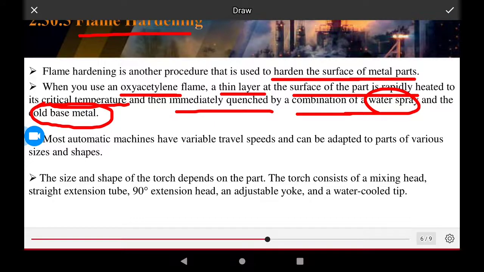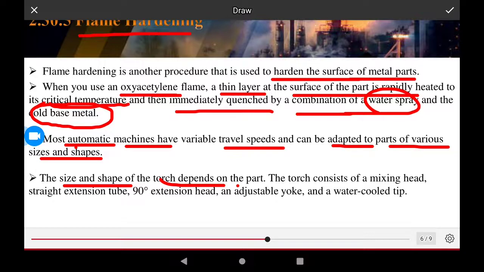Most automatic machines have variable travel speed and can be adapted to parts of various sizes and shapes. The size and shape of the torch depend on the part. The torch consists of a heated straight extension, a 90-degree extension, an adjustable yoke, and a water cooled tip.